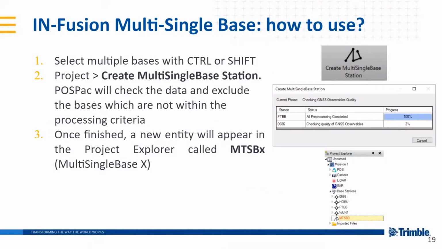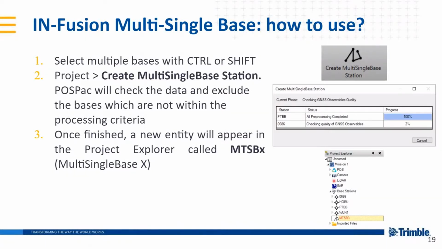How to use multi-single base? We need to select multiple base stations to create the multi-single base station. The system will automatically verify if the selected base stations will allow processing and then exclude those which are not within the processing criteria.